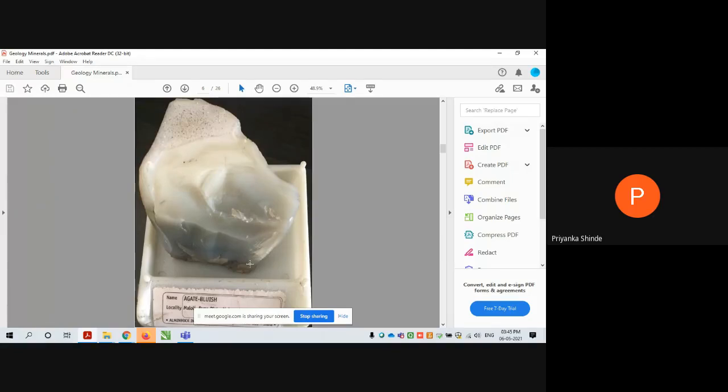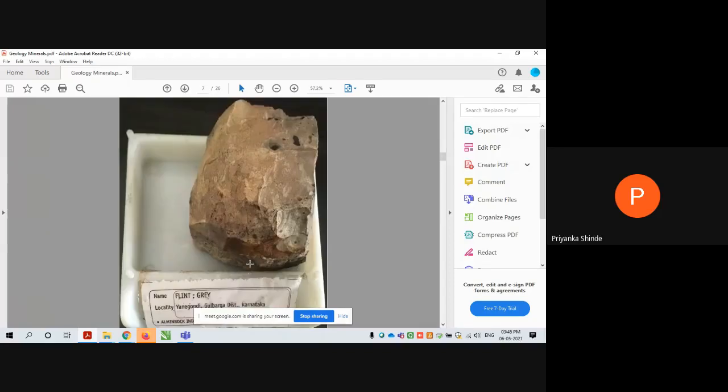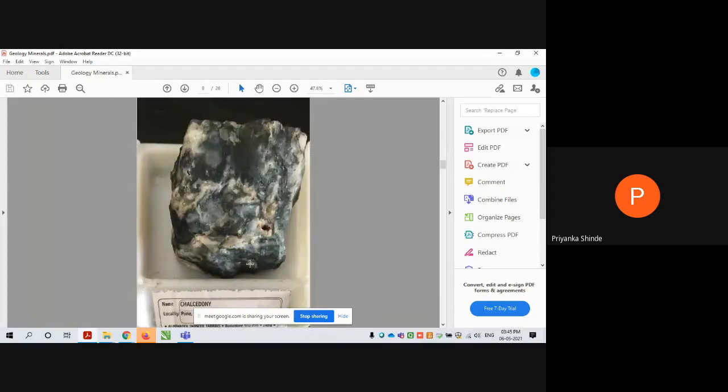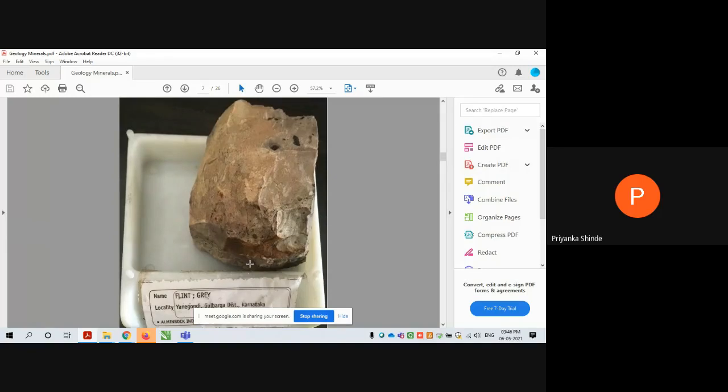Then flint is used in the ceramic industry, pottery, then to make lighters. In refractories also these minerals are used. The main use is in glass industries.